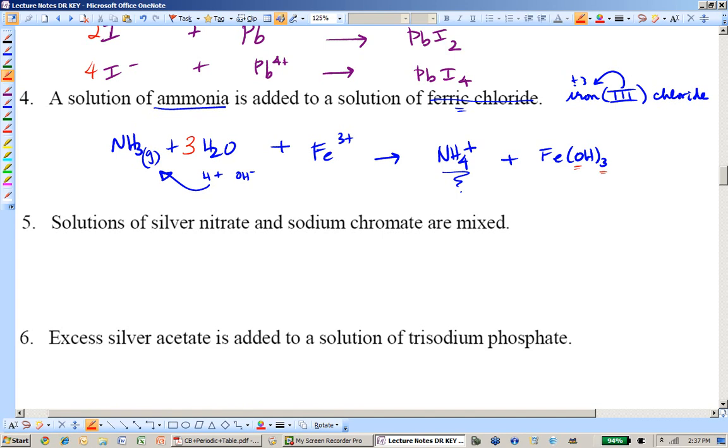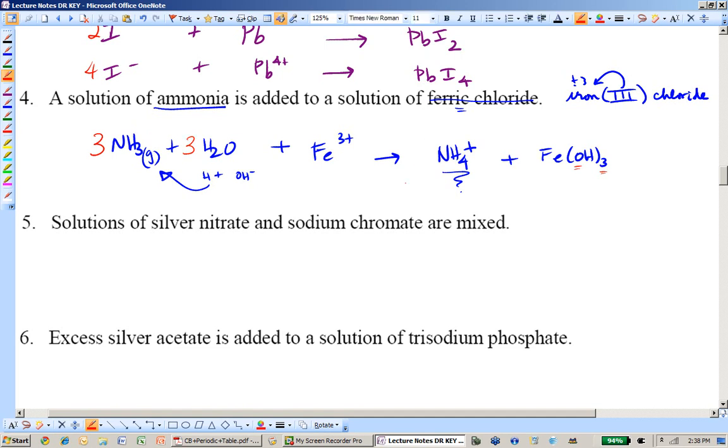Do I need 3 NH4s as well? Let's see what we've got going on. 6 H's and 3 more H's is 9 H's. If I double this, what am I going to get? Well, let's go to 12. 3 times 4 is 12, and that means I would have to do this. That's 9, and 6 is 15. I have a mess on my hands here. I don't think I can balance this.